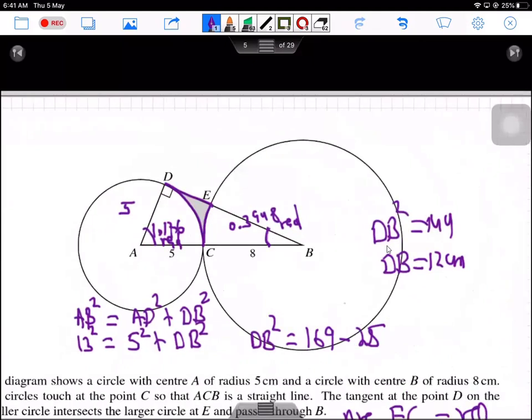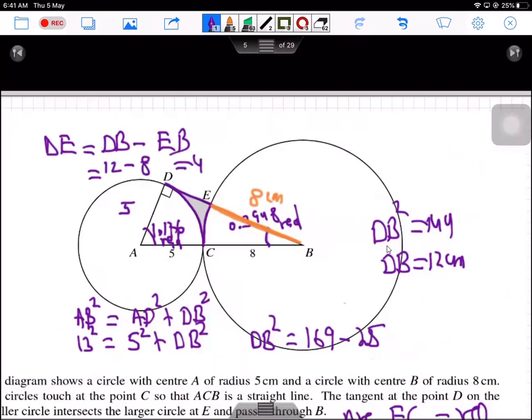We also know that the radius of the larger circle is EB, so this is 8 centimeters. So DE would be DB minus EB, meaning 12 minus 8, which is 4 centimeters.